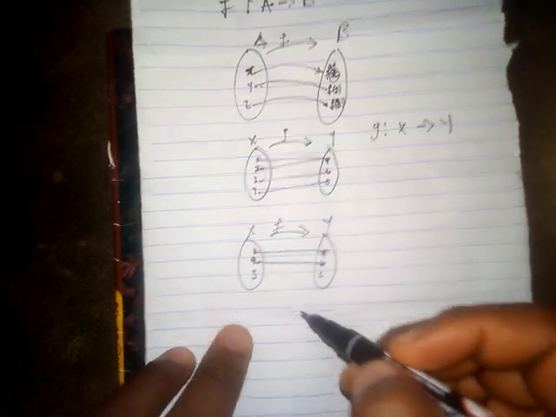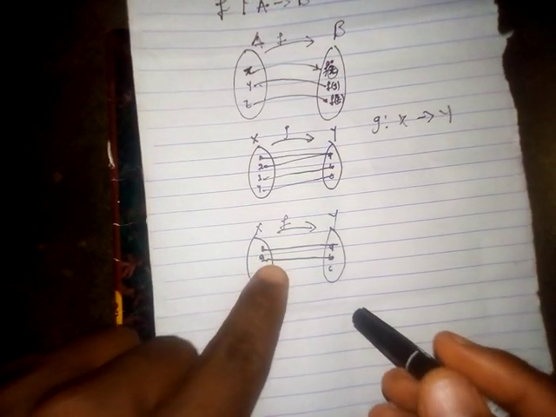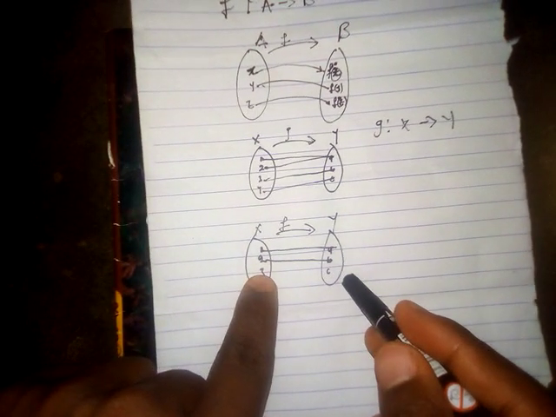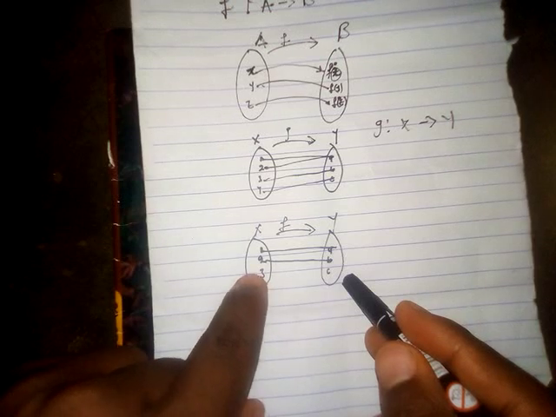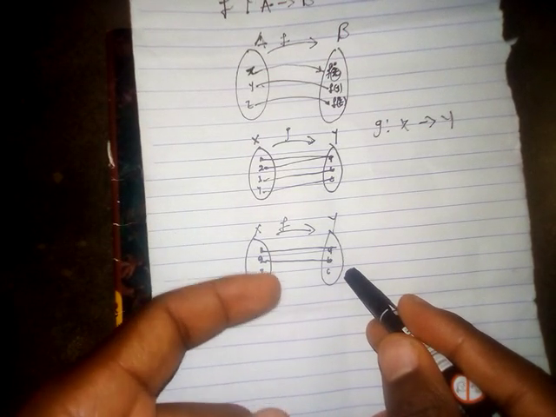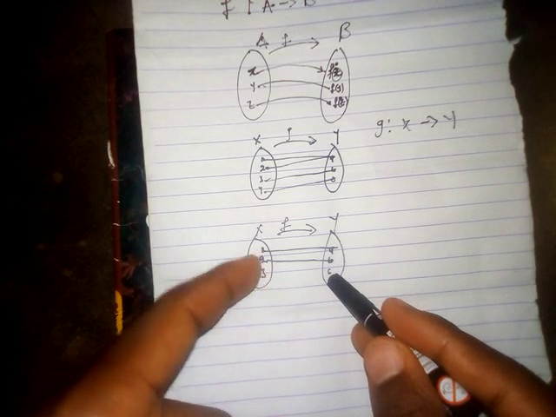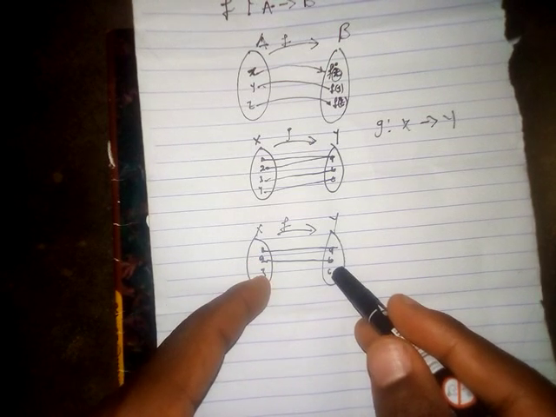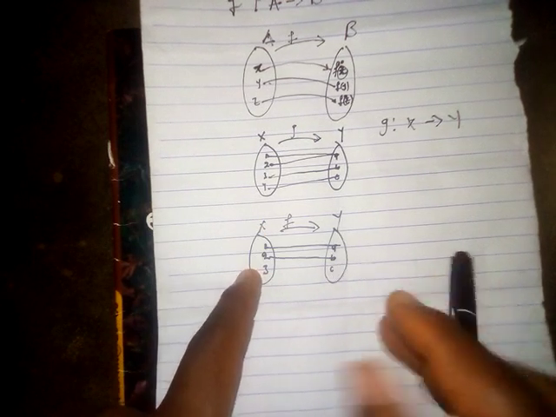Now observe that I did not assign 3 to anything. You can't have a son without a father, so it's not possible. So this is not a function.